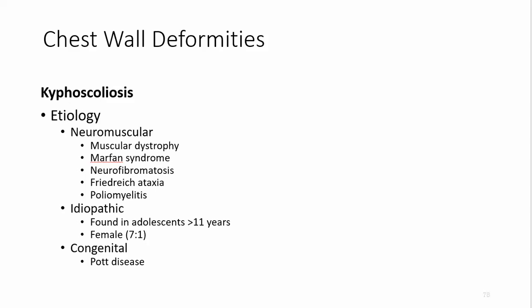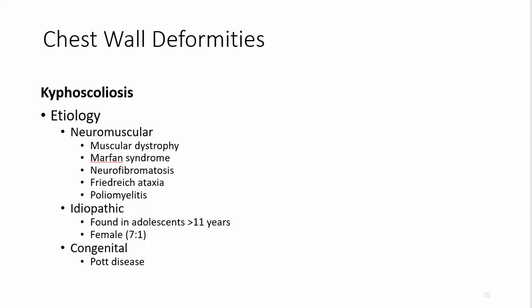Marfan syndrome is inappropriate growth of the bones and the shape of the bones. Most scoliosis are idiopathic. It usually happens at the growth spurt. 7-to-1 female to male ratio. There's a congenital problem called Pott's disease that will lead to it, but it doesn't really matter.